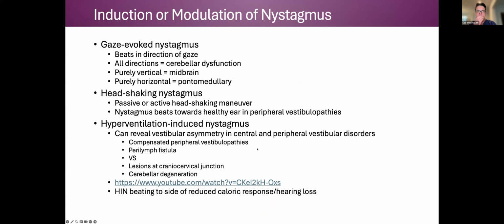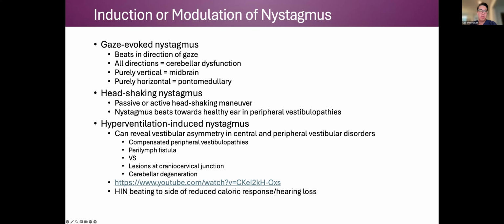Briefly, there are ways to induce or modulate nystagmus. There's gaze evoked nystagmus, which is specifically the nystagmus that occurs with the direction of gaze. If they're beating in all directions of gaze, then you're thinking of central, cerebellar dysfunction.